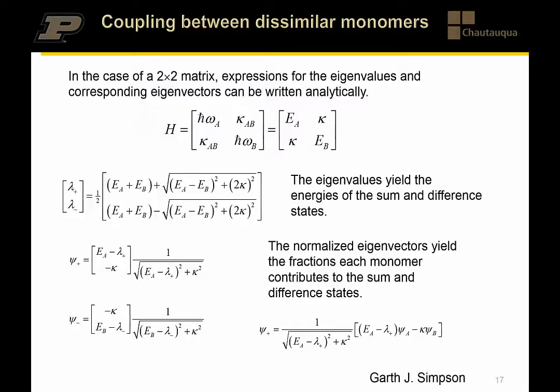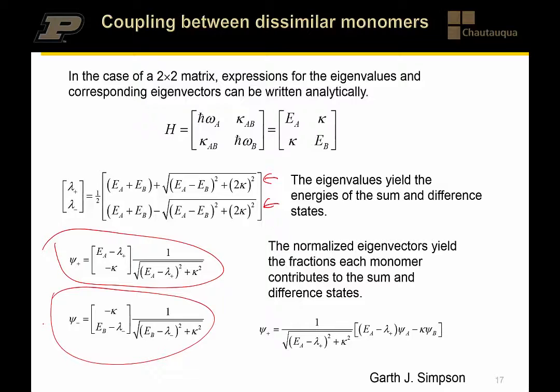That's now a 2x2 matrix, and h bar omega A is really the energy of state A, and you've got the energy of state B, and then this energetic coupling term arising, for example, from dipole-dipole coupling. So this is our 2x2. If we diagonalize this, the eigenvalues are given by these two expressions, and then the corresponding eigenfunctions by the ones down here.